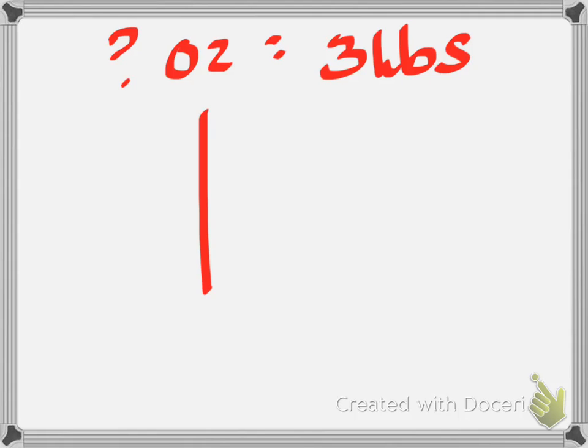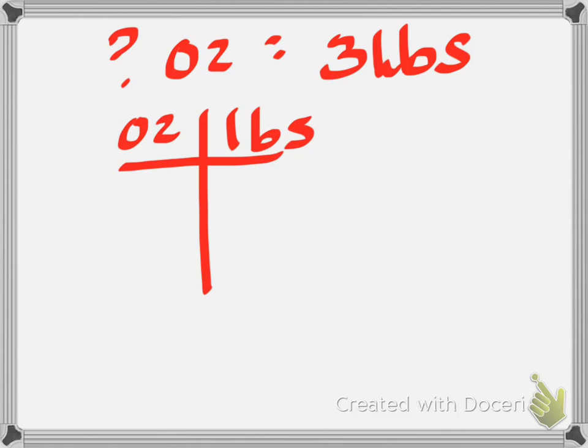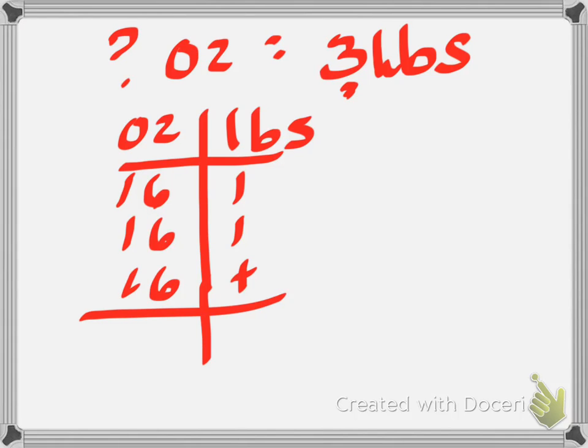Okay, so we have, there's our T-chart. We have ounces on the left and pounds on the right. We know that for every 1 pound, it's 16 ounces, and we need 3 pounds. So there's another pound, 16 ounces, and the last pound, 16 ounces. Now we go ahead and add that up. 1, 2, 3 pounds, which is right there.